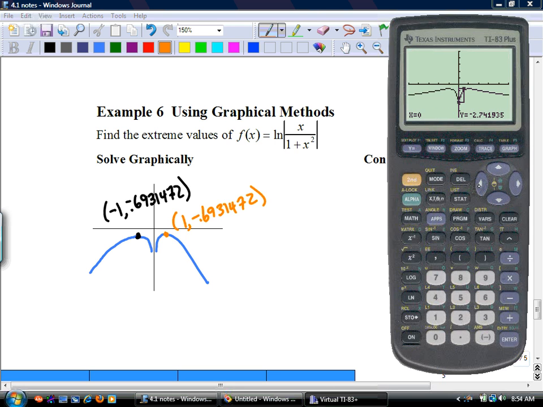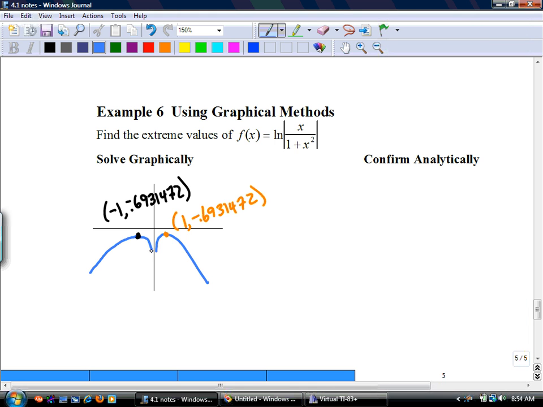Here's why I know. What's happening here, kids? It's an asymptote. It's actually dropping off the page. No minimum. You missed that? No minimum.